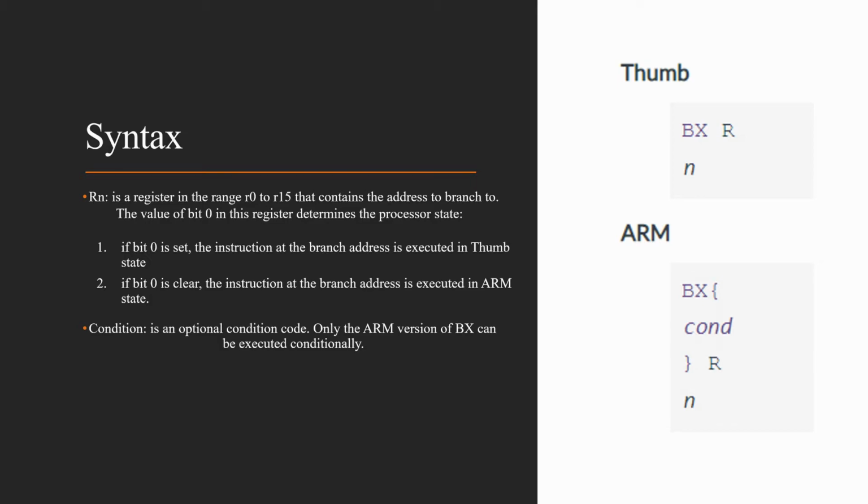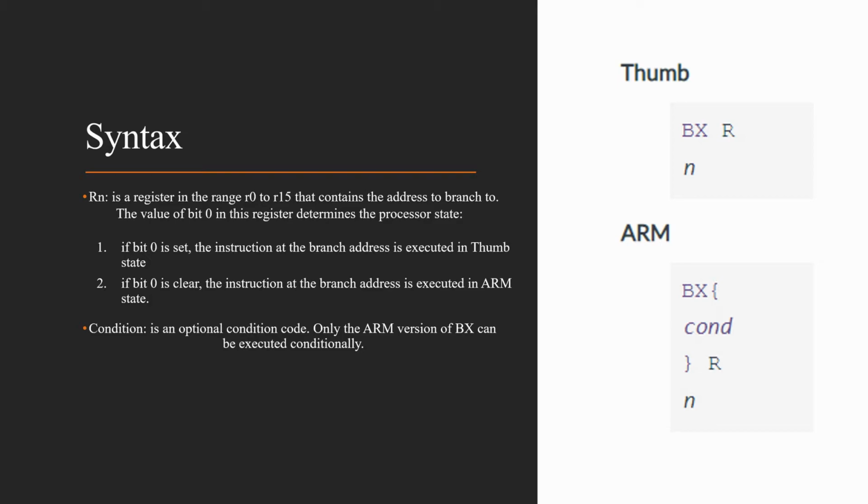First, if bit 0 is set, the instruction at the branch address is executed in Thumb state. If bit 0 is clear, the instruction at the branch address is executed in ARM state.